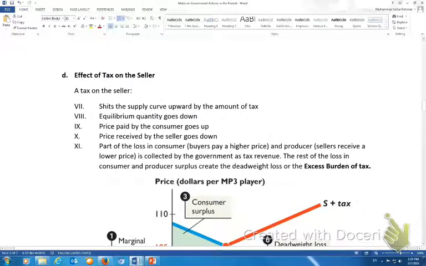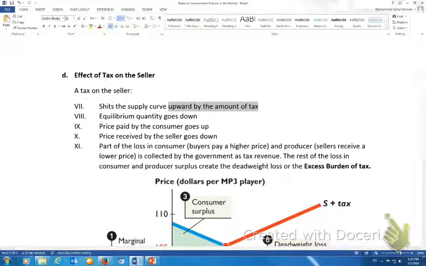Now we're going to move to the other side of the economy. Sorry, I apologize, let me go back. This time we're going to look at how a tax imposed on the seller affects the market equilibrium outcomes. We are going to look at some very straightforward ideas. When a tax is imposed on the seller, this will be like an increase in their cost of production, right?